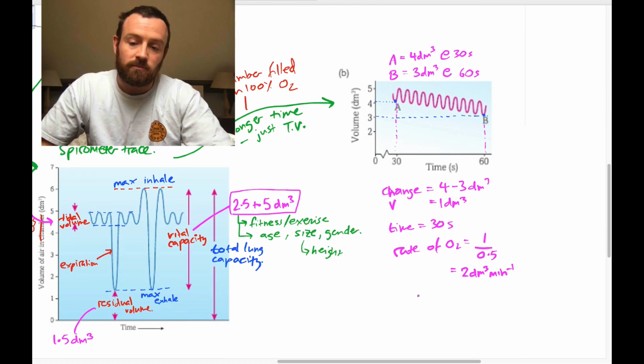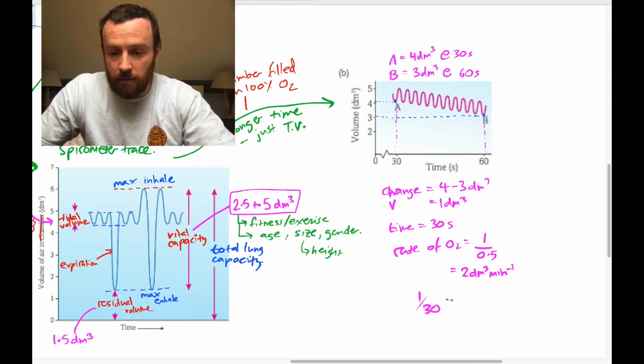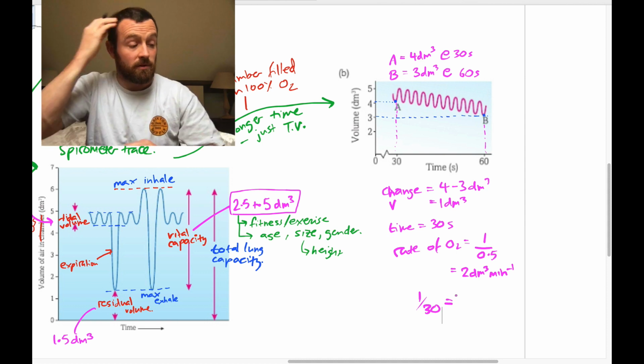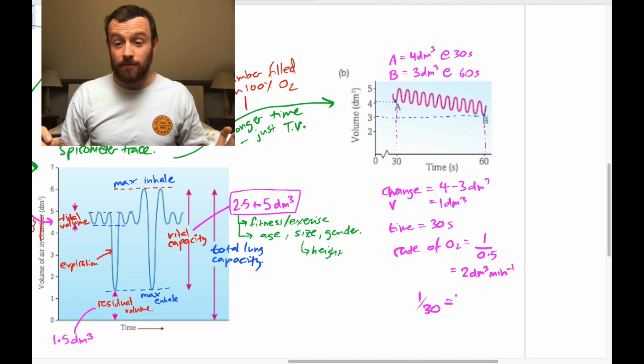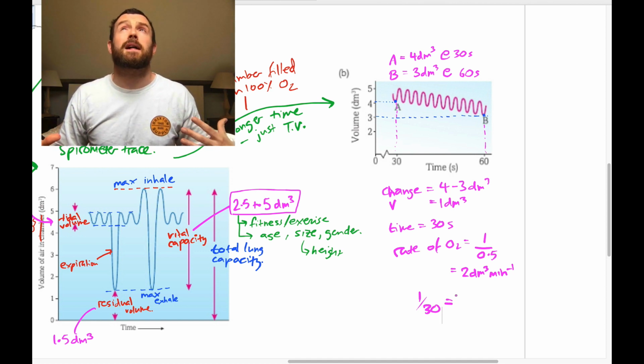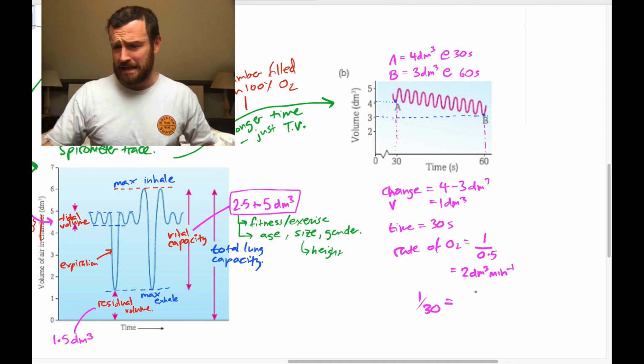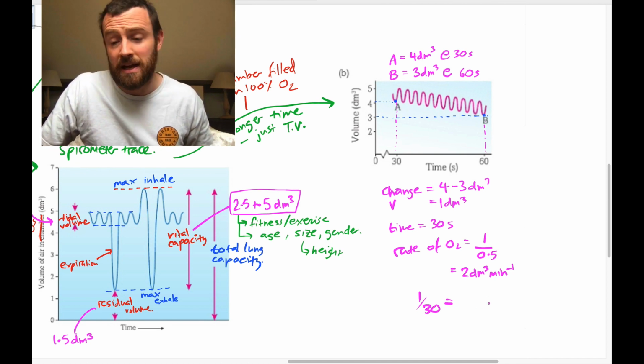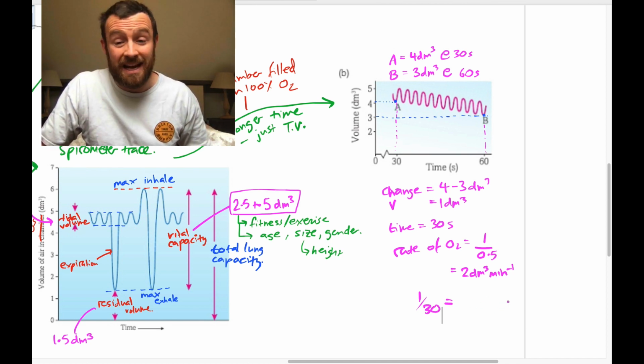Or I could do 1 divided by 30, and that would give you a value in dm cubed per second. I haven't got my calculator with me, but that's going to be around about 0.33, I think. So check the calculator, but then you could get a value of dm cubed per second as well.